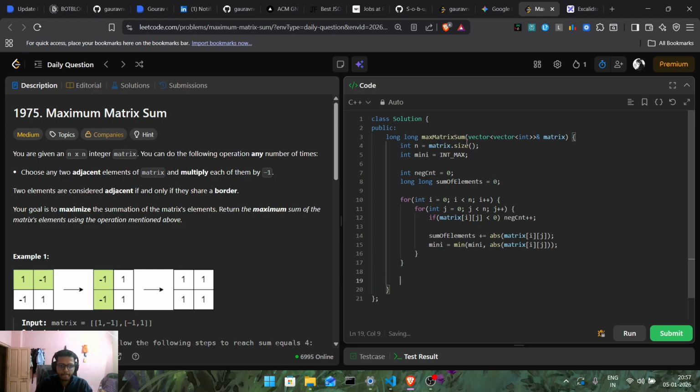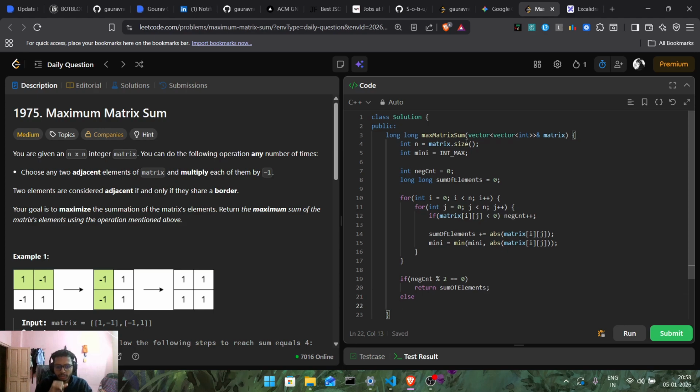Now, what do we need to return? If we get an even negative count, we can return the sum of elements as it is.